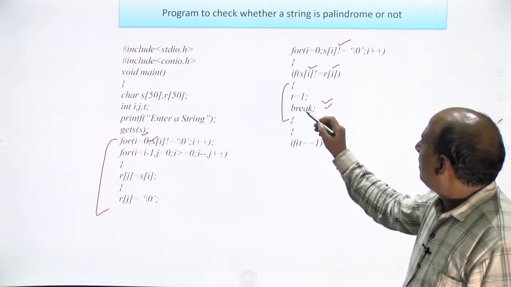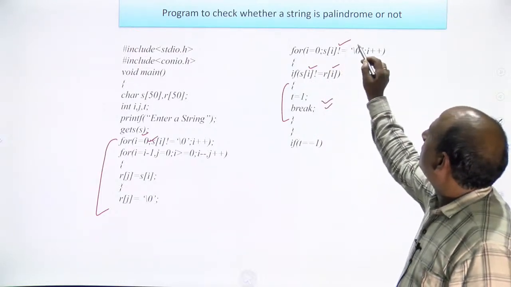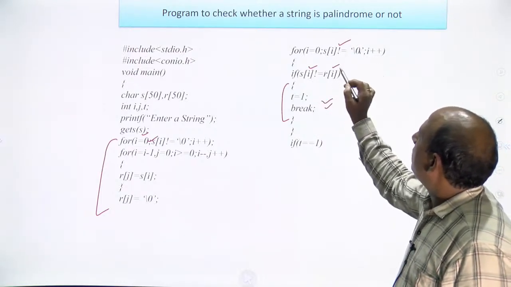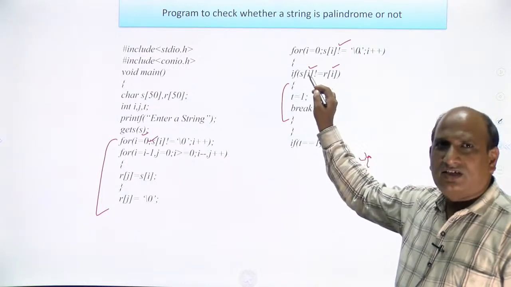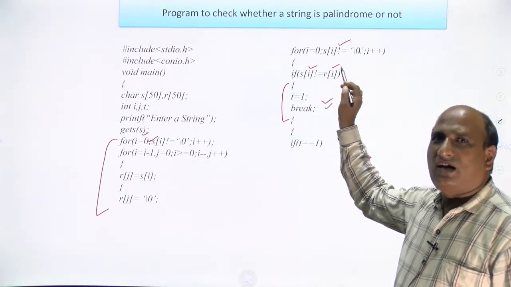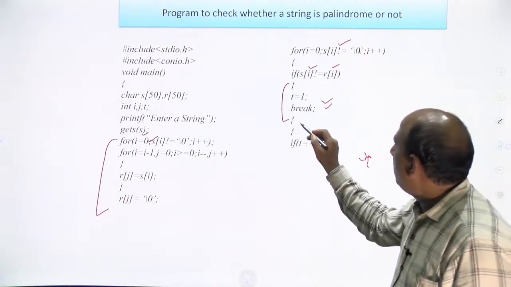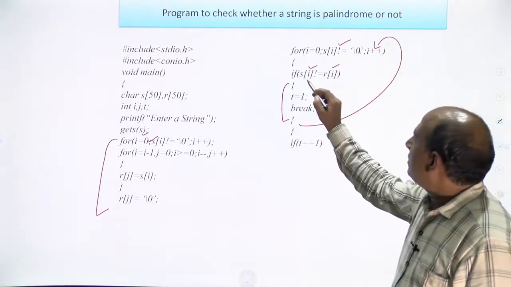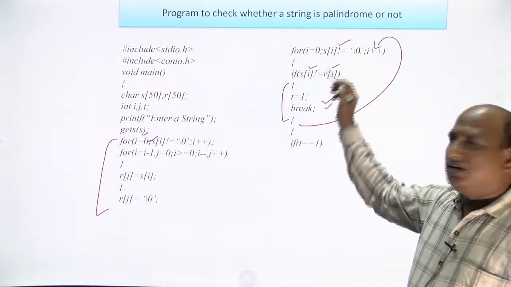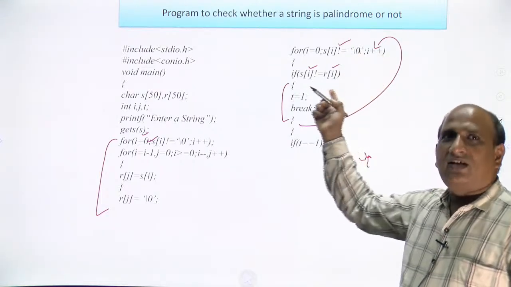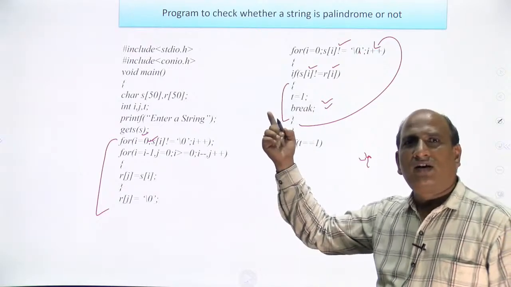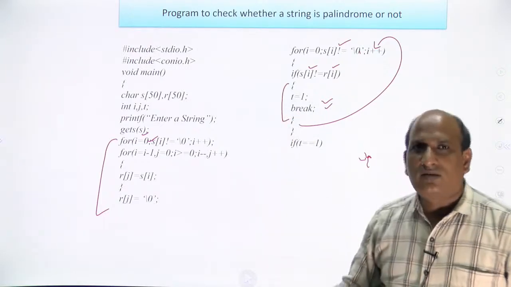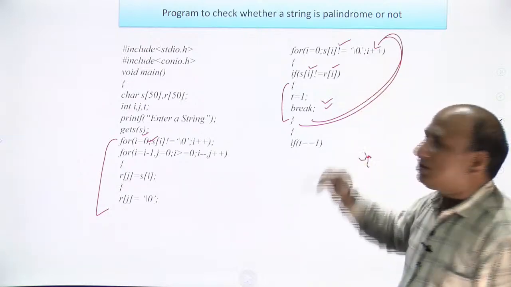Otherwise, if S of 0 is not equal to R of 0 is not satisfied, meaning S of 0 and R of 0 are same, control will come to I plus plus, I will be incremented, and I will become 1. S of 1 will be checked whether S of 1 is not equal to R of 1; it is also same, so control will again go to I plus plus.